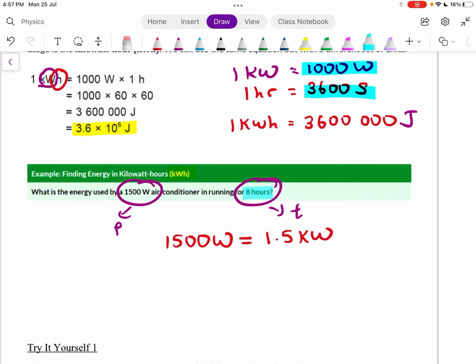Then for 8 hours, just multiply by 8. So energy is equal to 1.5 kW multiplied by 8, which is roughly 12 kWh. That's how we calculate kWh.